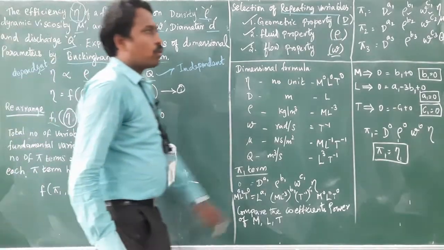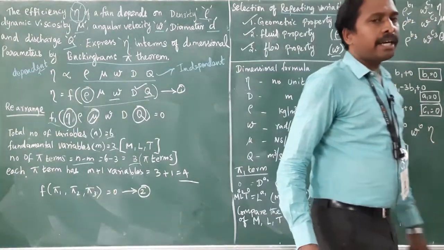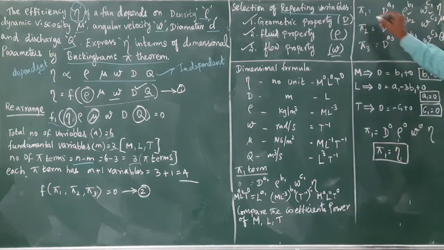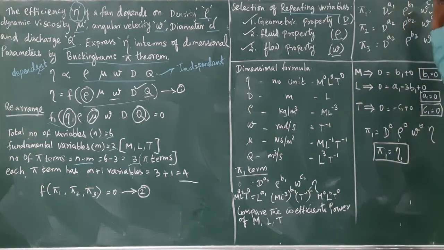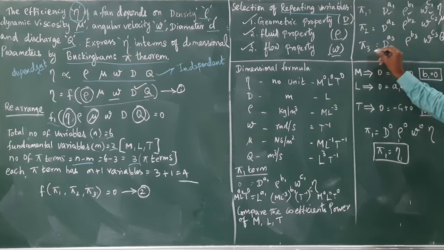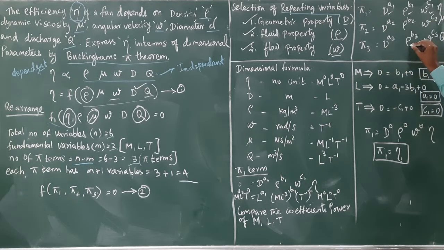Write one by one in the pi terms. So pi 1 equals d power a1, rho power b1, omega power c1 into eta. Next, pi 2 term: d power a2, rho power b2 and omega power c2 into mu. Third pi term: d power a3, rho power b3, omega power c3 into q.